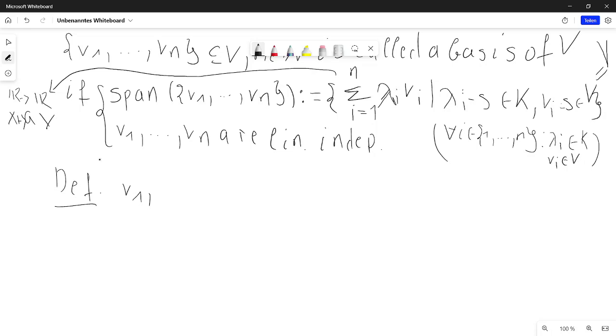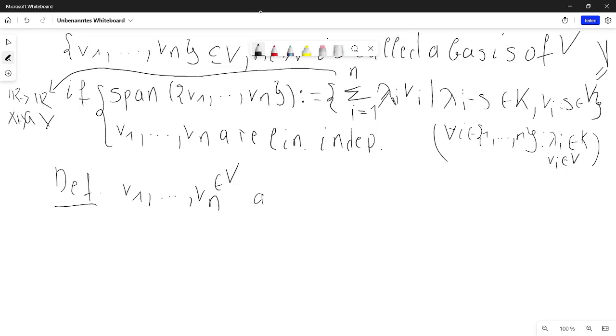The e_1 to e_n are, of course, elements of some V. V is just by default a k-vector space, right?